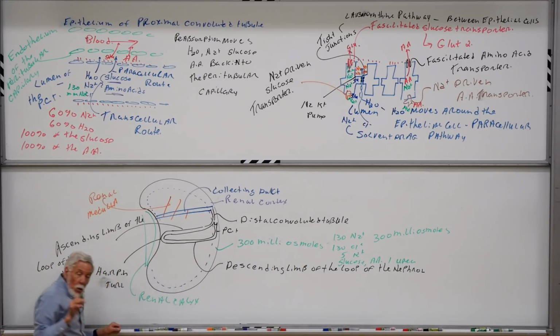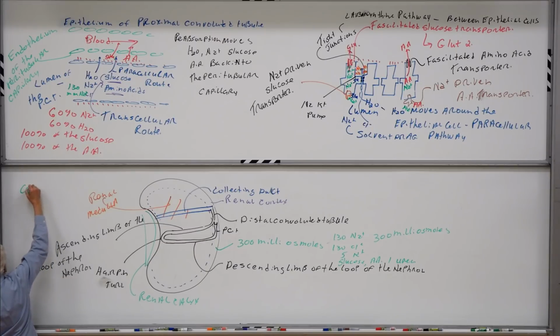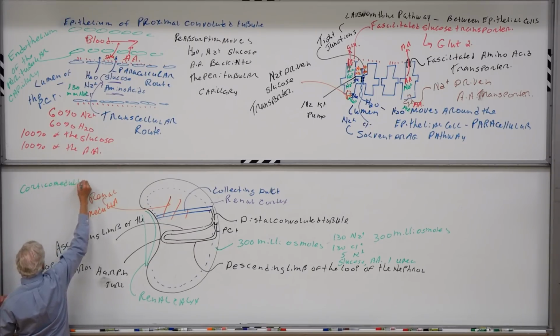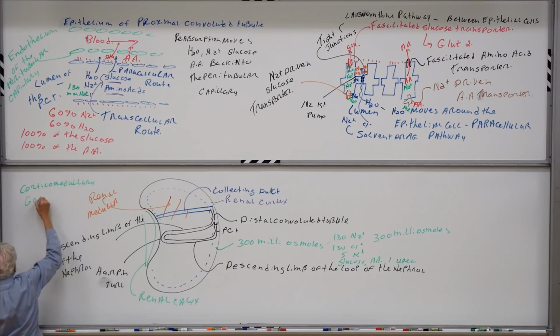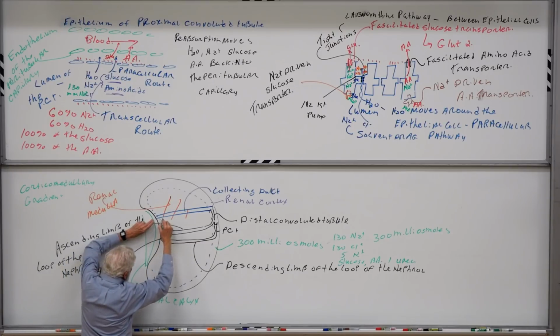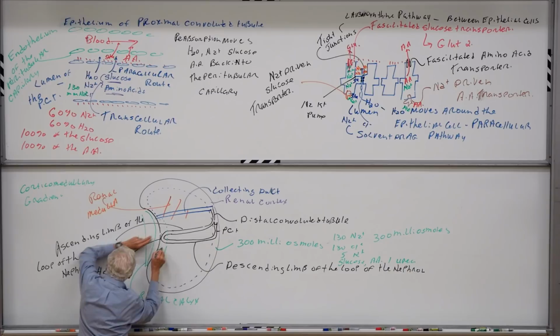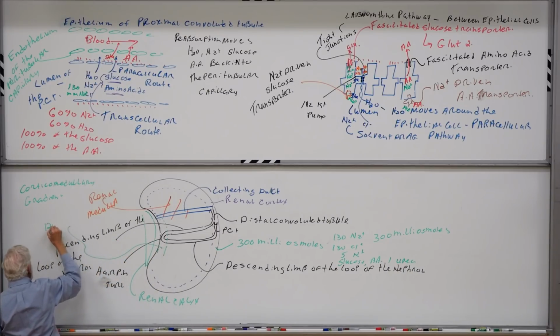But if we look at what is known as the cortical medullary gradient, we find that the concentration of ions and small molecules, mostly urea, down here deep in the medulla can be in the neighborhood of 1,200 milliosmoles.